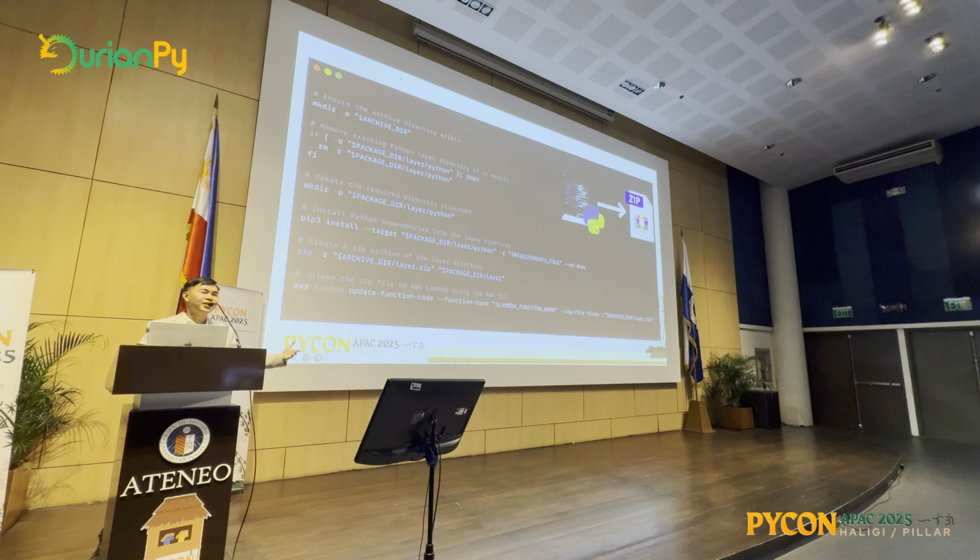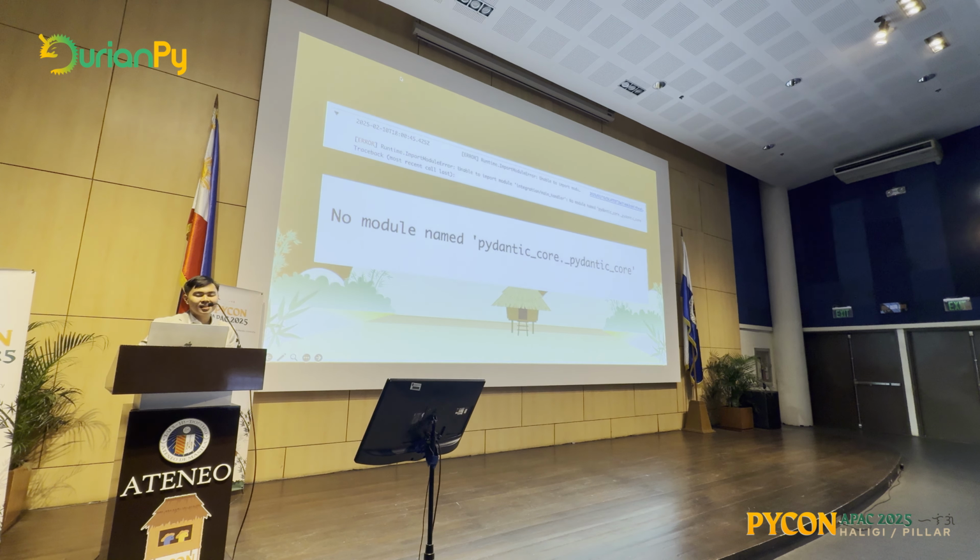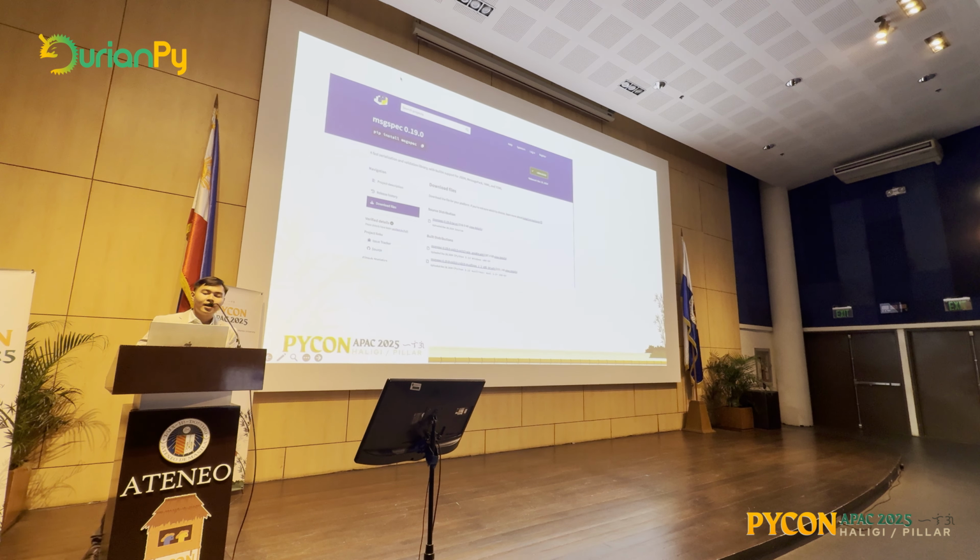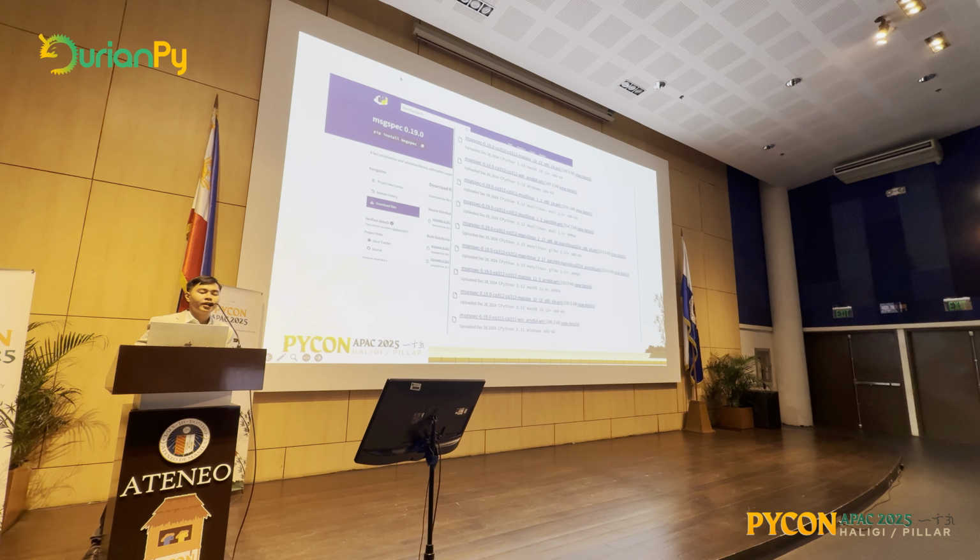All right, sounds good, right? However, you might encounter something like this: Pydantic core, no module named. Why? We already installed Pydantic. Why do we get this error? If you look at PyPI and the downloads, you see that there are several versions for this msgspec library. msgspec is a schema validation tool similar to Pydantic.